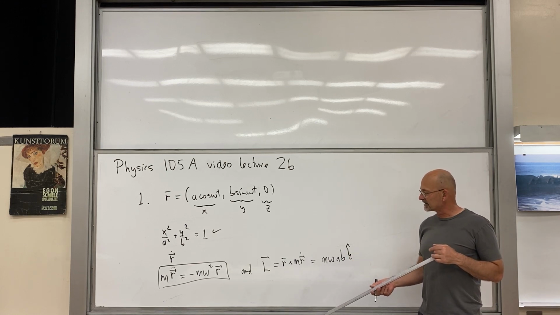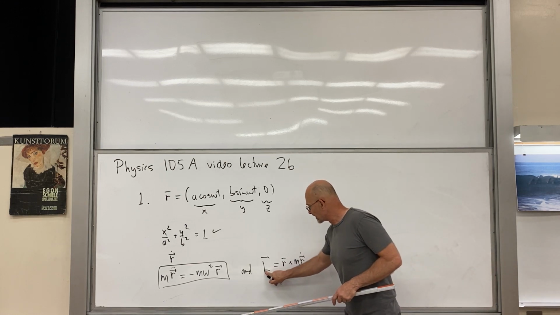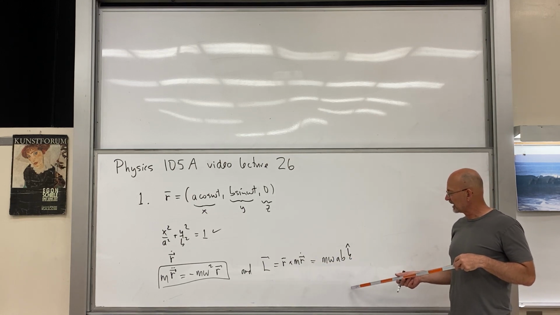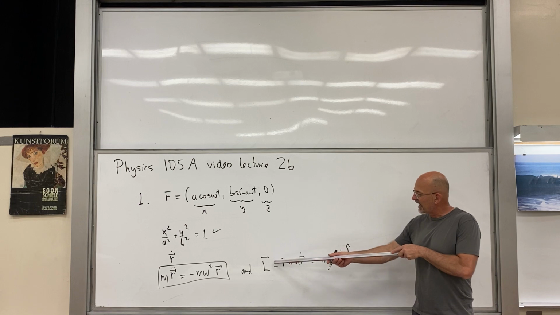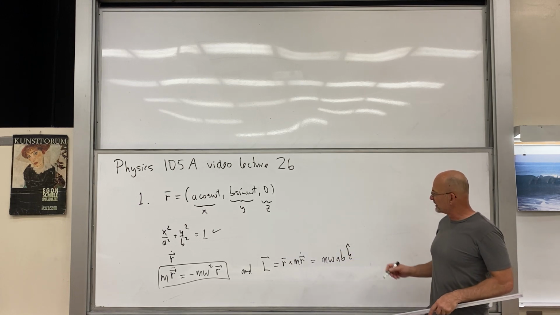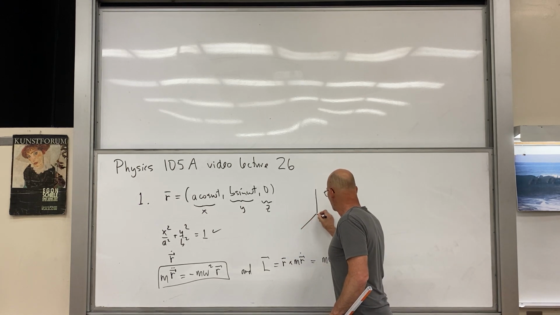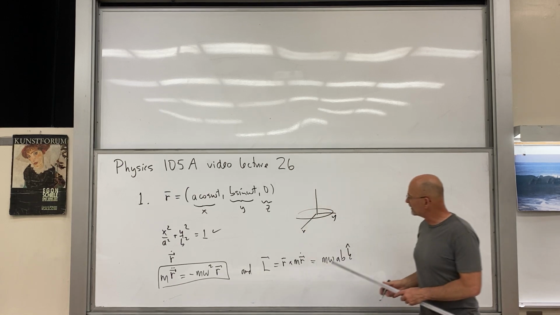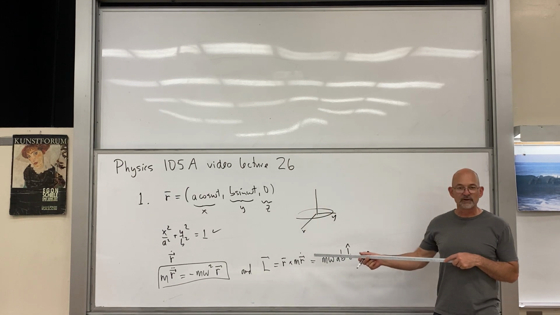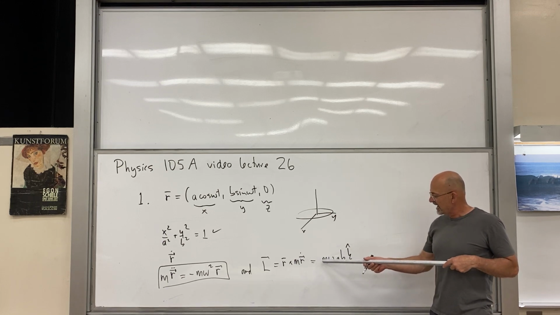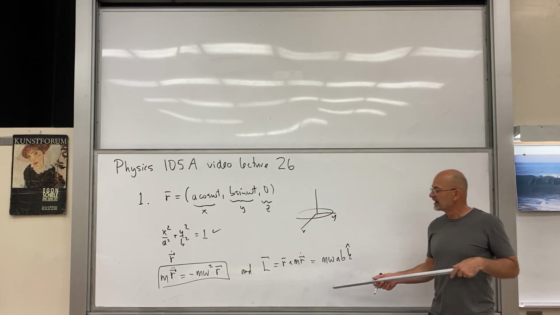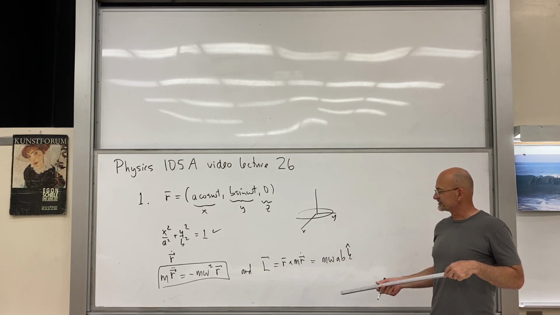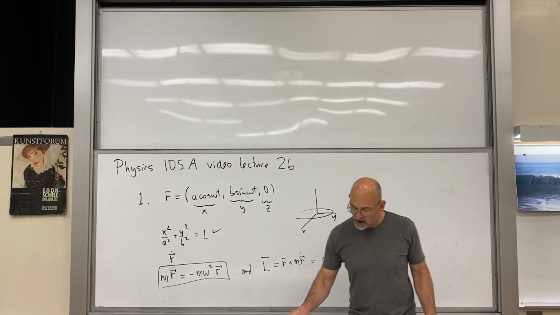That's more something for later this semester. But what we do find is, if this is the xy plane and we're doing this ellipse, the angular momentum is perpendicular to the xy plane, in the k hat direction, and its magnitude is constant. That too is going to be something we discover about central forces. So that's a great problem.